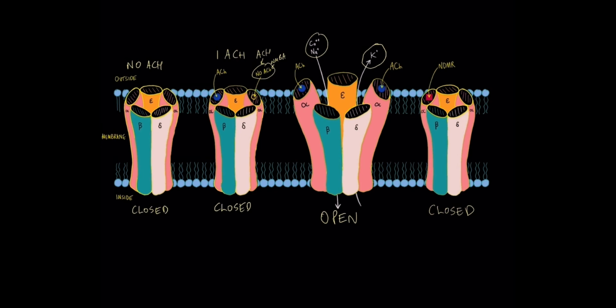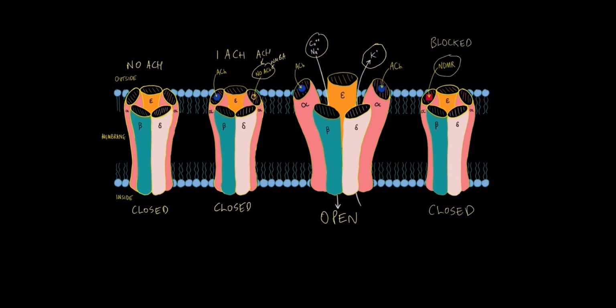This drug is blocking one of the acetylcholine binding sites, which means that the receptor will stay closed. As we've already learned, you need 2 acetylcholine molecules, 1 on each of the binding sites, to allow this receptor to open. So blocking one of the binding sites with a neuromuscular blocking agent will cause this to stay closed. So for this one, we can say that this is blocked.